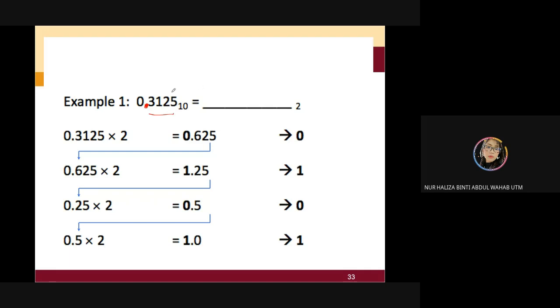Which number are you going to multiply? You're going to multiply this value with the base that you want to convert to. So you want to convert to base 2, so you're going to multiply with this value. Okay, you take 0.3125, you times with 2, you will get this answer.